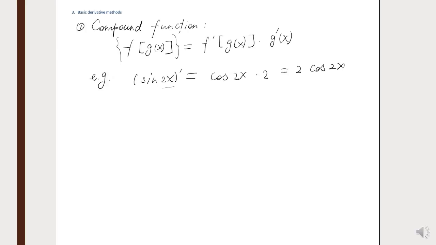So we have to find out our f'(x) first. Of course, it is cosine x, but we have to put the g(x) in. So that's why we have to put the 2x in. So we're going to have cosine 2x. And then we have to find out the derivative of the g(x). In our case, it's the 2x, and its derivative is 2. Very simple, right? So finally, we just put the 2 on the front. So it becomes 2 cosine 2x.